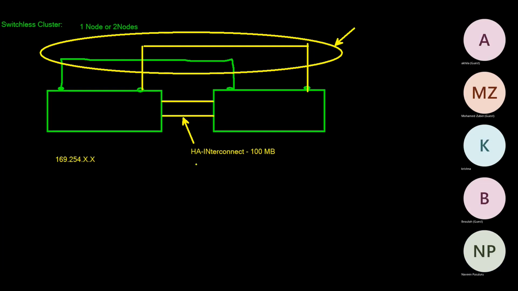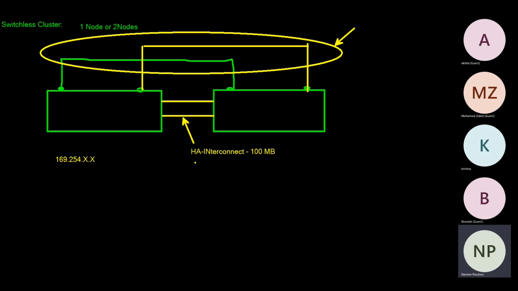But again, you need to consider a few things before configuring a switched or switchless cluster. For example, right now I've just purchased only two nodes, but in future I'm sure that I'm going to expand my cluster by adding two more nodes or four more nodes.